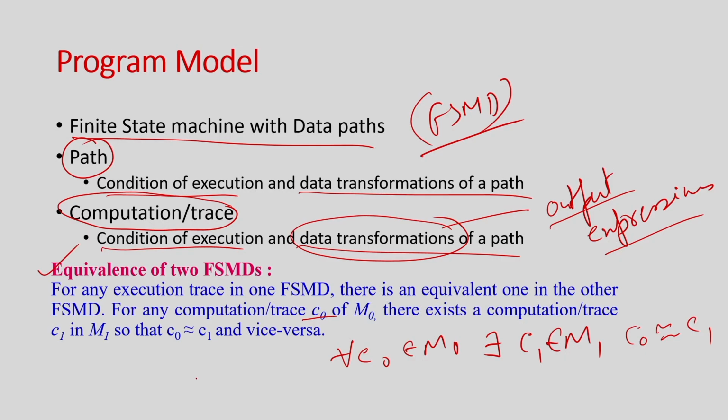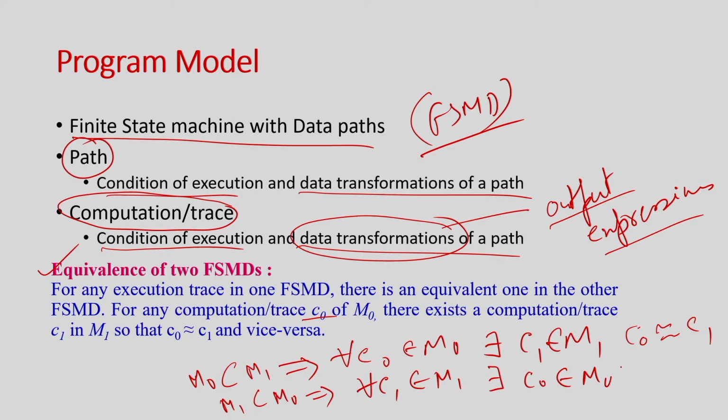So, M0 contained in M1 implies this, and similarly M1 contained in M0 implies for all C1 belonging to M1, there exists a C0 in M0 such that C0 is equivalent to C1. You have to check these two, then I can say M0 is equivalent to M1, two programs, FSMD M0 and M1. And we cannot go for the cut point based method, already discussed.